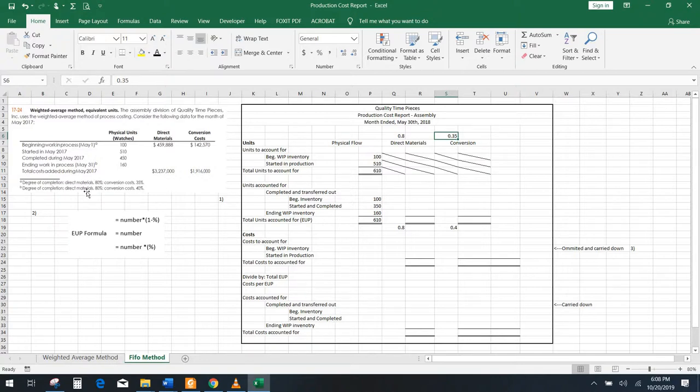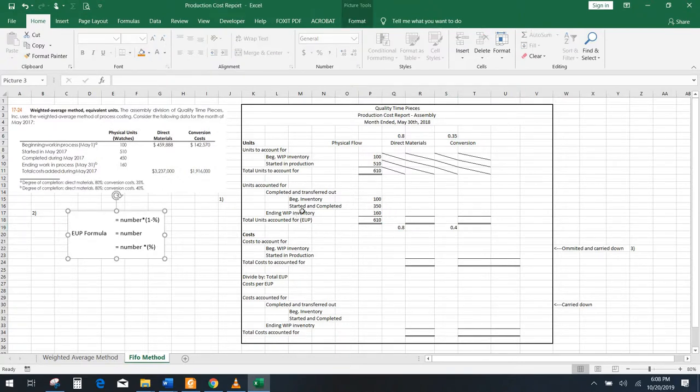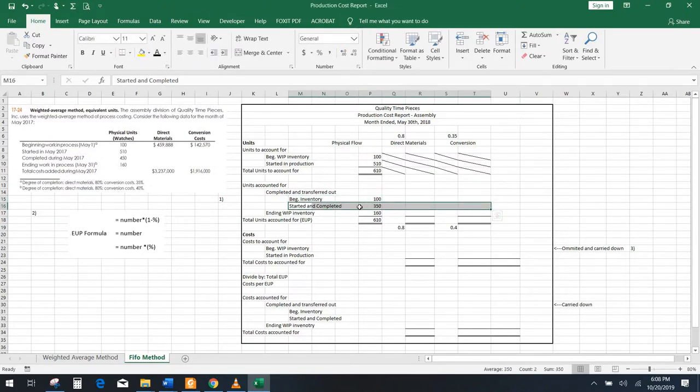And I use the degree of completion for the ending inventory. I put that down at the bottom. And we're going to use the bottom formula. And then for that middle number right here, we're just going to carry that across. So once again, the top number uses the top formula, bottom number uses the bottom formula, and this one's carried across. So let's do that.